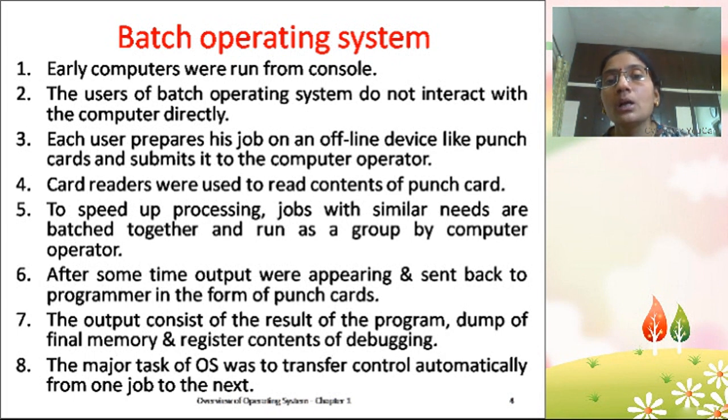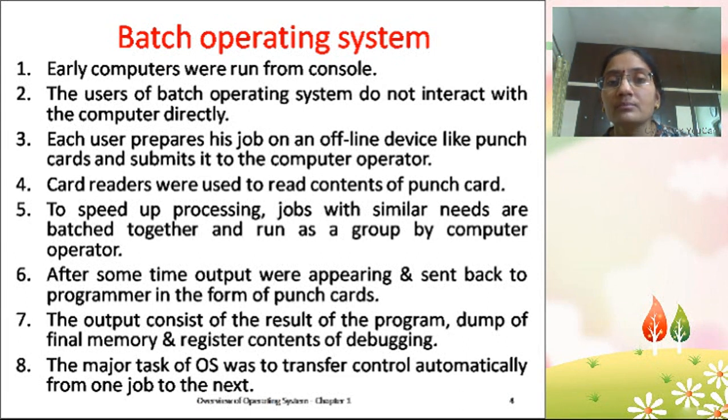So the computer operator decided to group the jobs of similar needs. It means he created groupings or batches of jobs which have the same needs, the same resources required for the execution. And he started to execute the jobs in the form of batches.